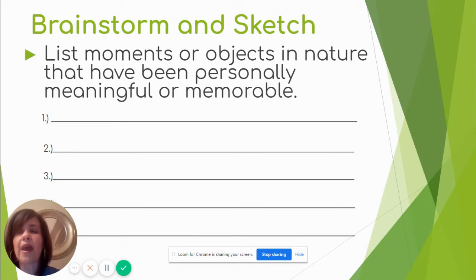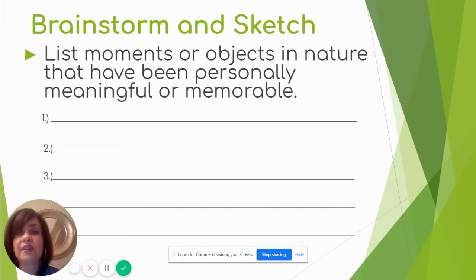But I'd like you to think about some moments that you've had in nature that have been really meaningful to you. This also could include specific objects. So maybe you've had just a really lovely moment on the beach, or maybe up in the mountains.